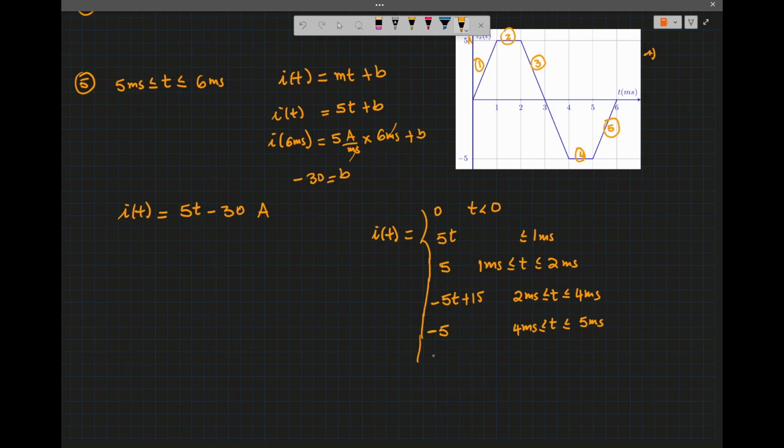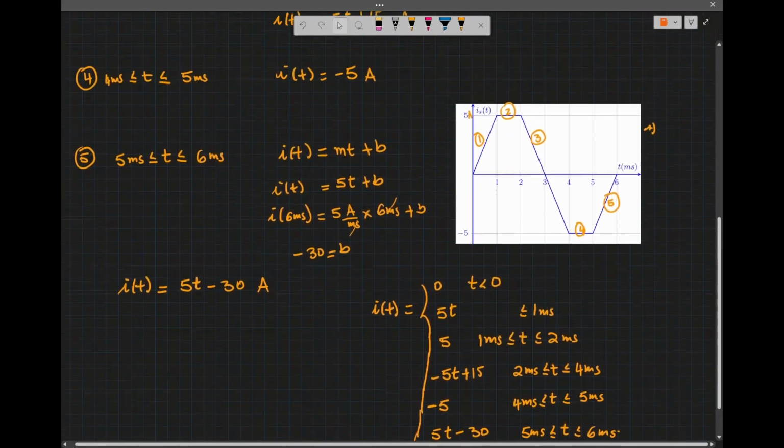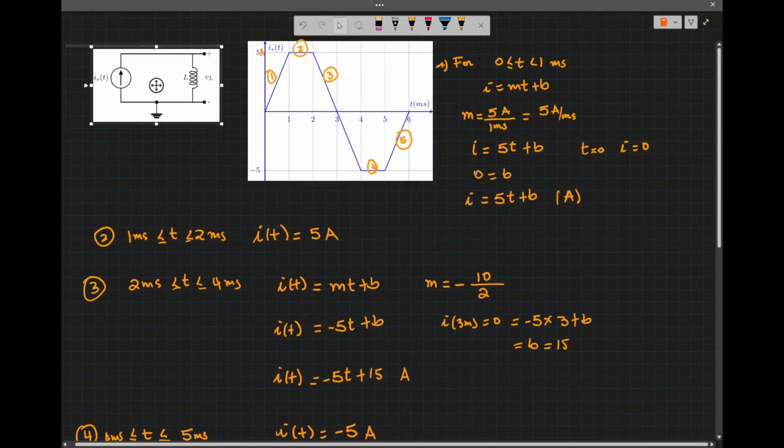Then we have 5t minus 30 when 5 milliseconds is less than or equal to t less than or equal to 6 milliseconds, and 0 when t is greater than or equal to 6 milliseconds. Now that is the current. Now we need to find the voltage across the inductor.